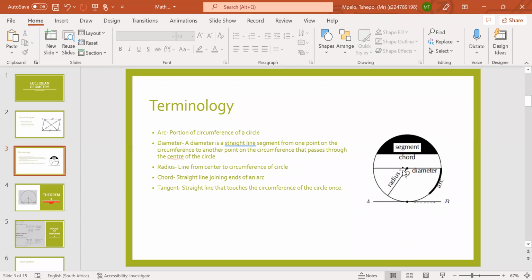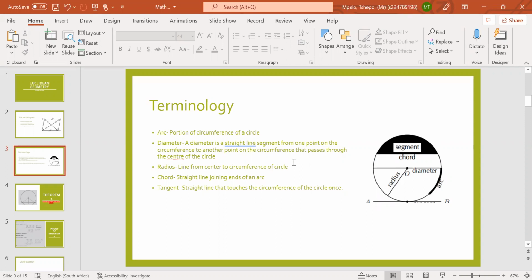If the line is not passing through the center, the line is not a diameter. That's a very important note you should make. If the line is not passing through the center, the line is not the diameter, until you are told that the line is passing through the center.